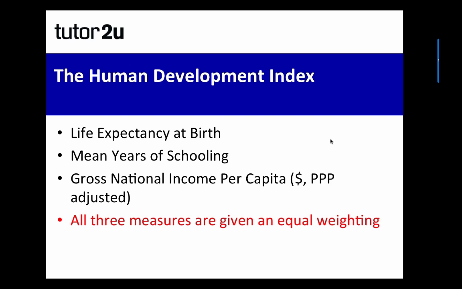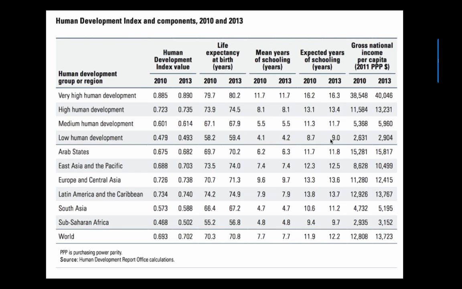And this leads us on to the second idea. This is the idea of the Human Development Index. And the HDI is a composite measure of development outcomes. So it takes gross national income per capita, dollars PPP, so that's part of it. But it also adds in an educational component, mean years of schooling, both actual and expected, and it also builds in a health component, life expectancy at birth.